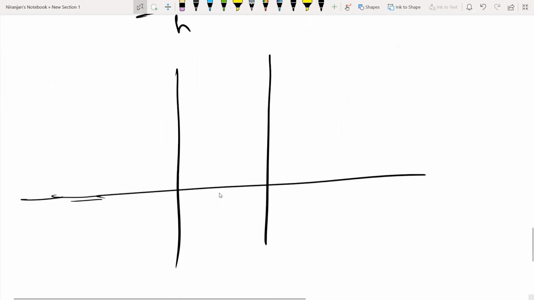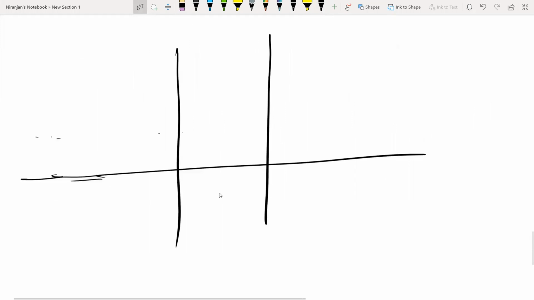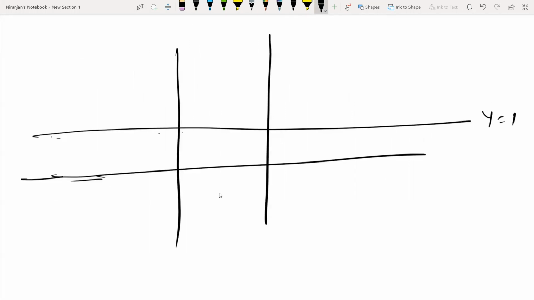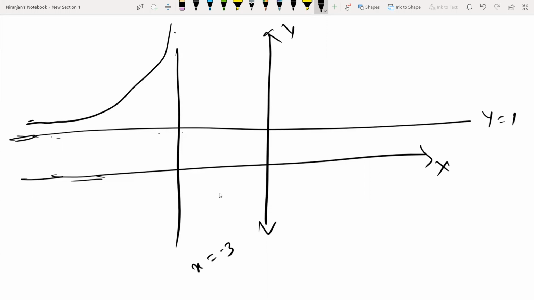So basically, this is the y equal to 1 line. This is the y-axis. This is the x-axis. This is x equal to -3. Since your LHL is plus infinity, the value is going to be plus infinity and it will tend towards 1.